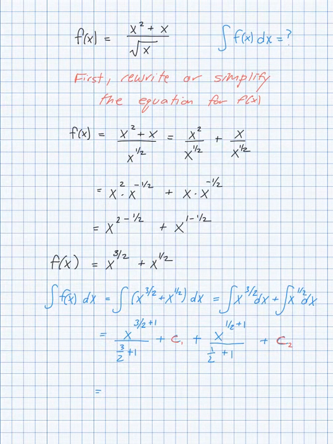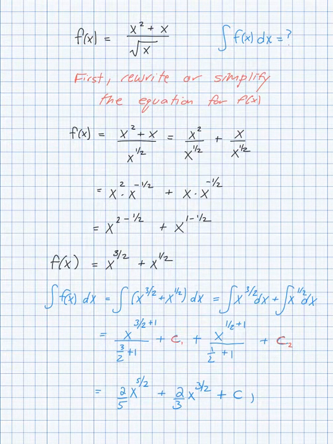So to simplify this, 3 over 2 plus 1 is 5 over 2, and dividing by 5 over 2 is the same as multiplying by 2/5. So I have 2/5 x to the 5 over 2 plus 2/3 x to the 3 over 2 plus some constant of integration.